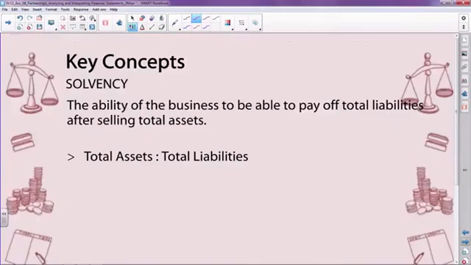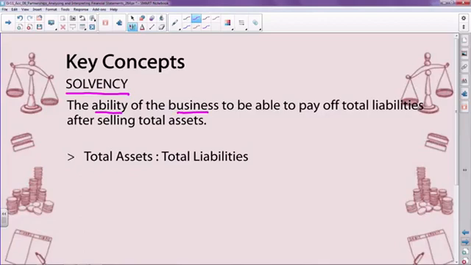The next category is also something familiar because you did this in grade 10. Here we're looking at solvency. What does this particular category help us to establish? It helps us to look at the ability of the business to pay off total liabilities after selling total assets, or after converting total assets into cash. What does this simply mean?